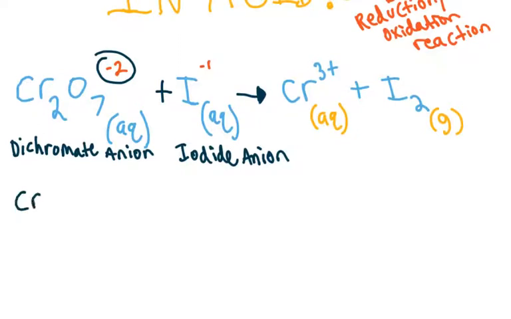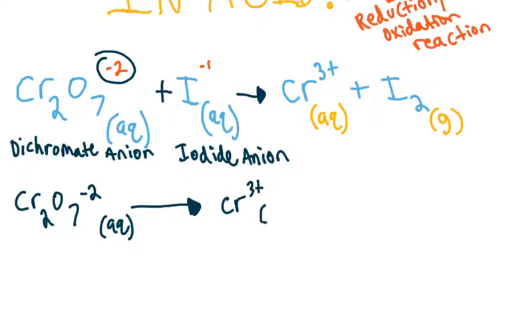Our first half reaction is our dichromate anion with the -2 charge, converting into our Cr3+ in aqueous state.